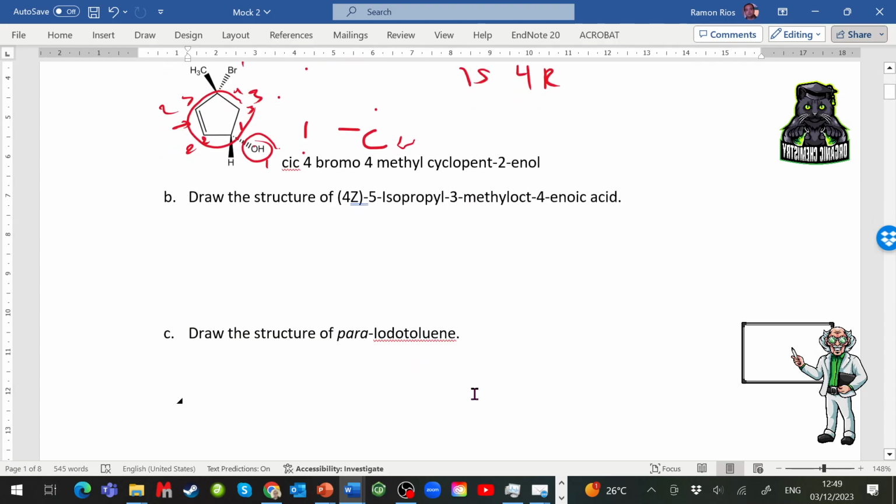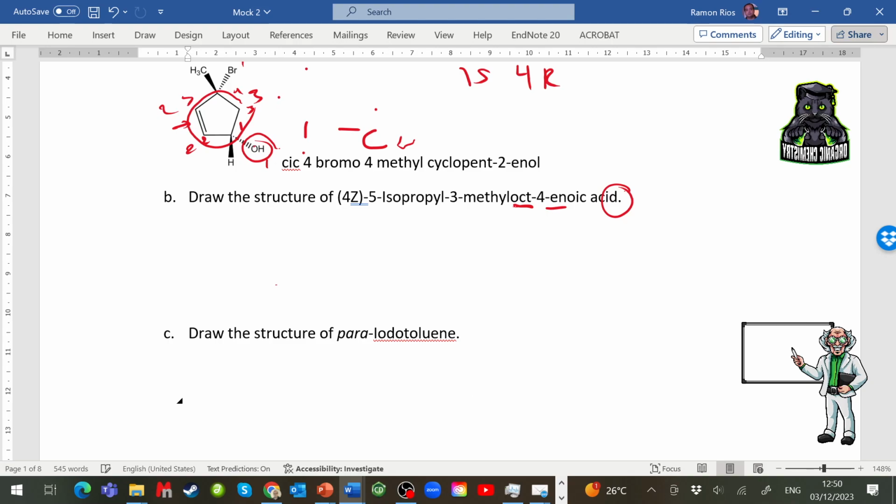Okay? Good, then next one, we have to draw the structure of 4Z-5-isopropyl-3-methyloct-4-enoic acid. First of all, it is octenoic acid. Acid means carboxylic acid. Oct means that it has 8 carbons in the main chain, and that we have a double bond in position 4.